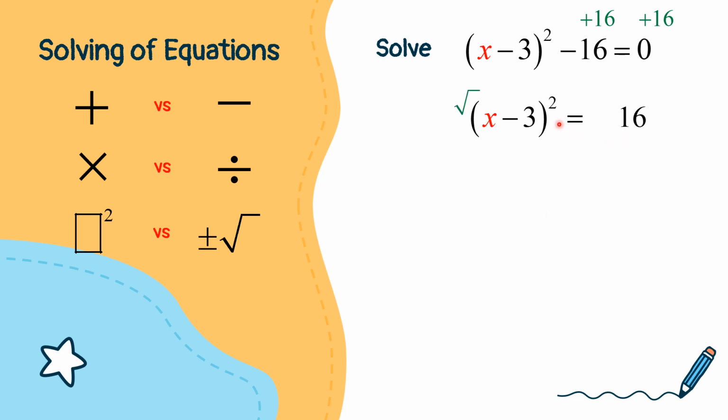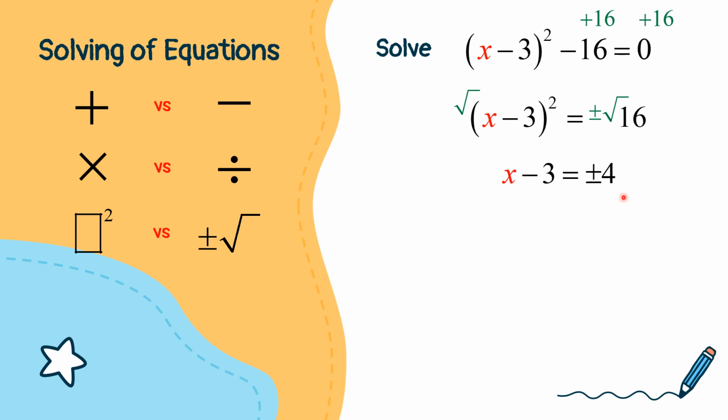On the right hand side, 0 plus 16 is 16. To remove the square, because it is furthest away from the x, we will square root on the left hand side, and we will also square root on the right hand side. Once again, when you square root, remember to put a plus minus sign. On the left hand side, we'll be left with x minus 3.